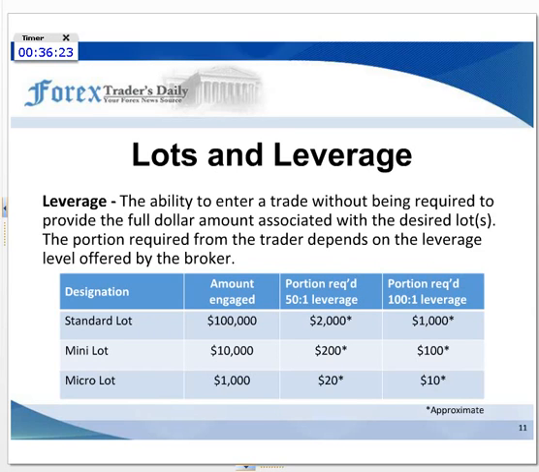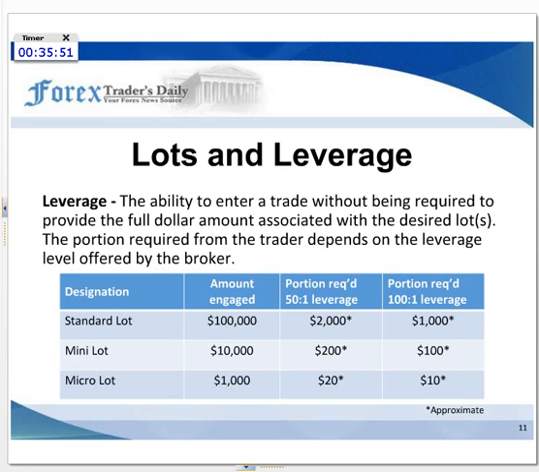Now, as I mentioned before, one of the enticing features of Forex trading is the leverage capabilities available. So with leverage, the trader is only required to commit a small amount of their own capital or own funds to be able to control a larger amount of money per lot traded. And it's important to acknowledge that the portion required for the trader will vary depending on the broker your account is with and the account setup and which currency pairs you're trading. So it's important information that you need to know before you're entering a currency trade.